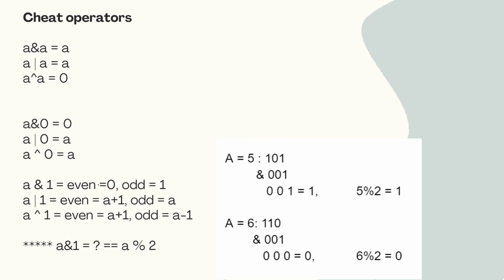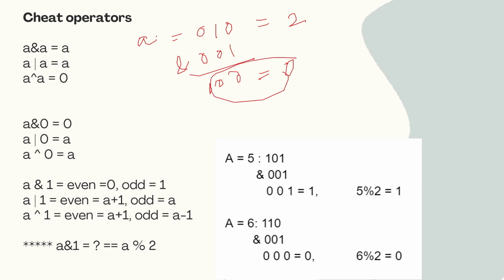Similarly, for the even case also you can check. Let's say I have taken 0 1 0, which is 2. This is my A, okay? And if I apply AND with 0 0 1, you will get how much? 0. That you can check, right? There is no 1 1 combination.